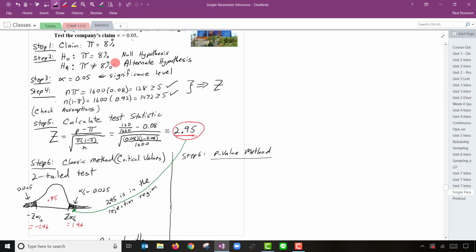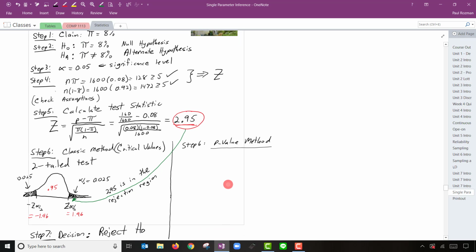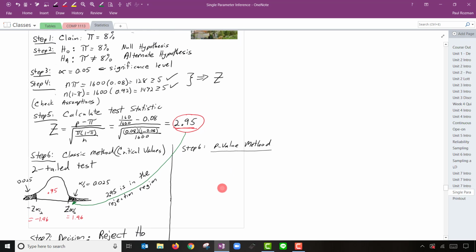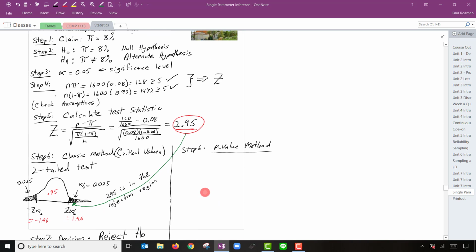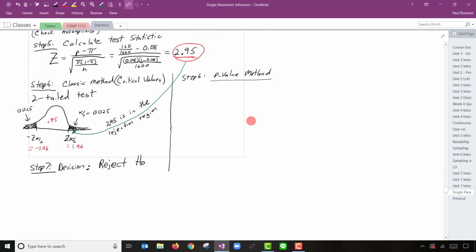Don't say accept it. I know it's a subtle difference, but it's related to, are you guilty or are you innocent? Or are you guilty or not guilty? We use that same sort of wishy-washy naming here. We will reject the null hypothesis or we will fail to reject the null hypothesis.